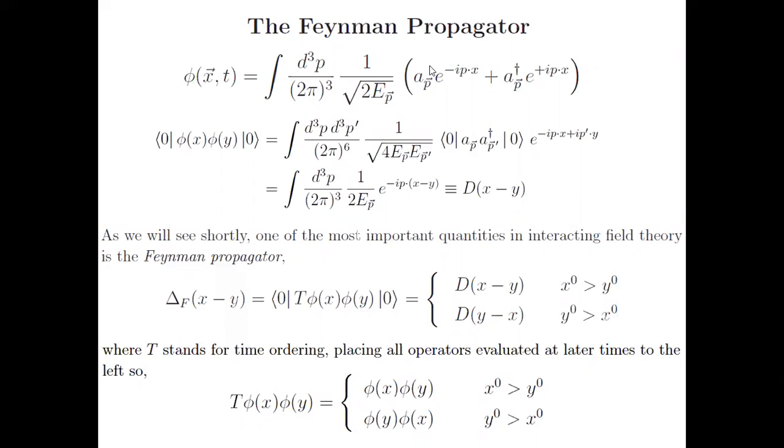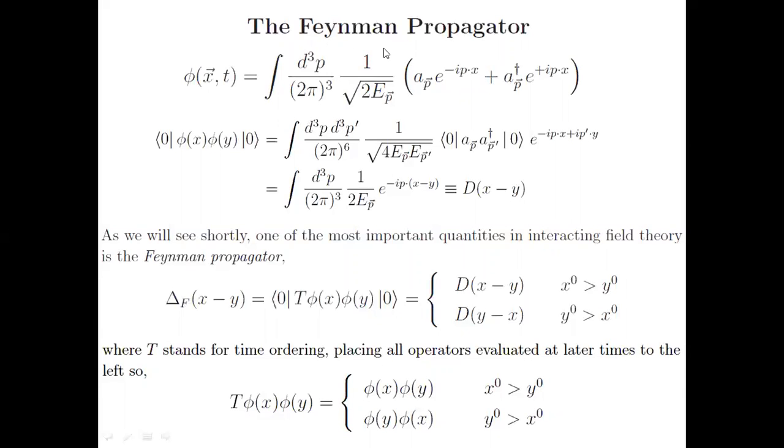These a_p and a_p dagger are operators, and this 1/2E_p has been taken to make this a Lorentz invariant measure. Now, what is a Lorentz invariant measure? I will not explain this because I will not have the time. Simply take this as an integration measure.